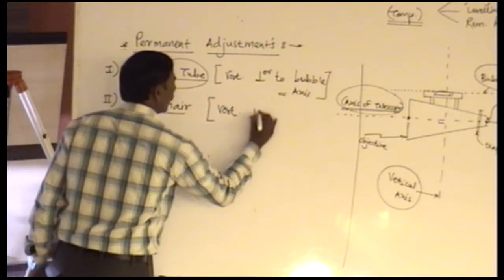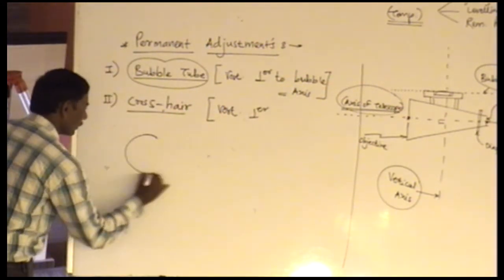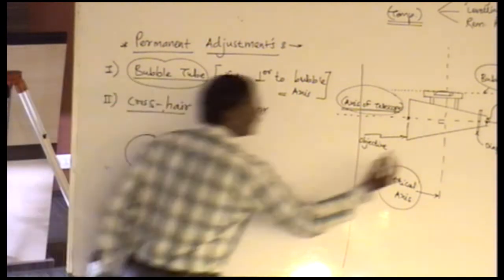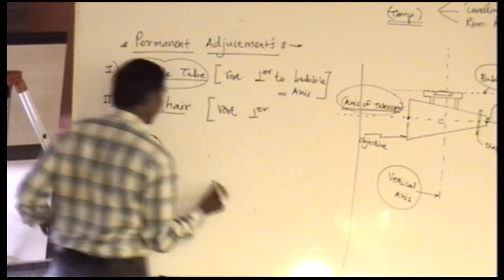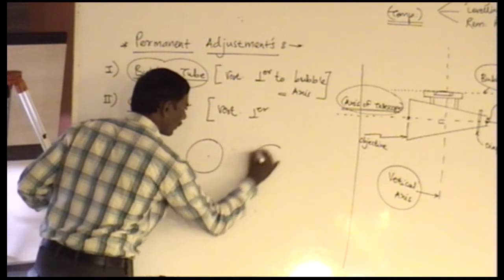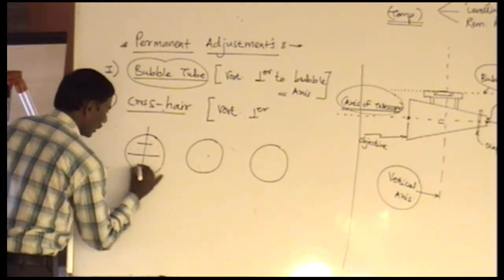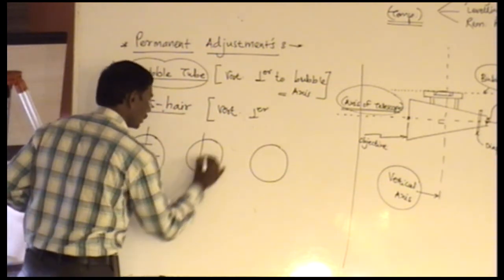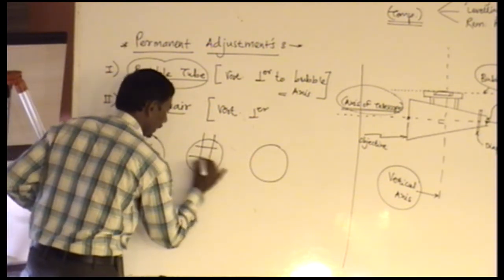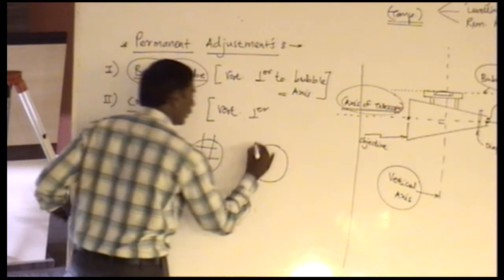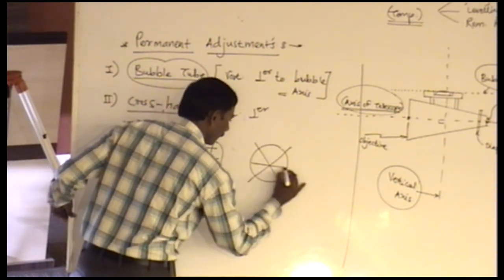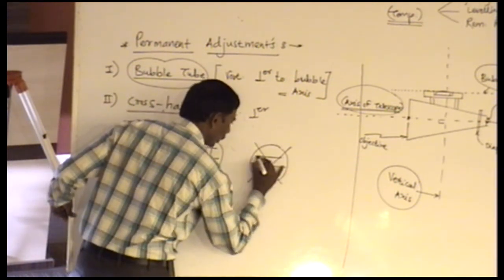Now, we had a discussion, the diaphragm, which is over here, is of three combinations. One with one vertical, three horizontal, another is two verticals, three horizontal, and the last combination is cross wires with three horizontal.